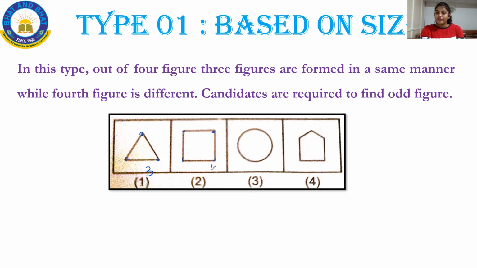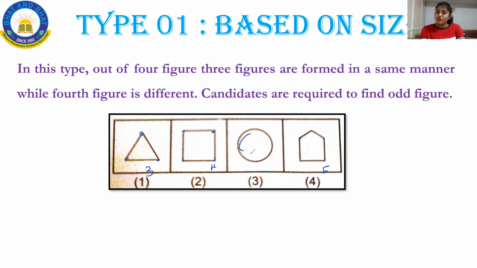How many sides? 4 sides. And then 1, 2, 3, 4, 5. So all figures have sides. Sides is nothing but the corners of that. 3 sides, 4 sides.